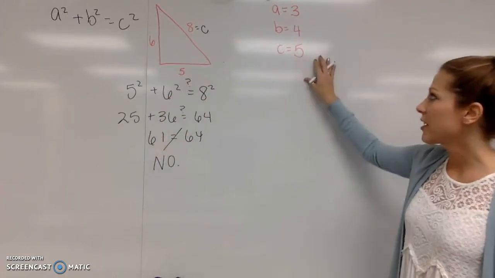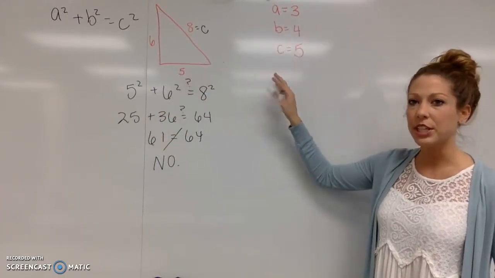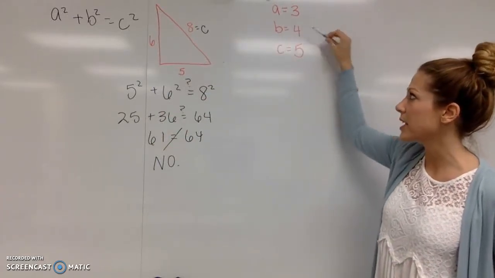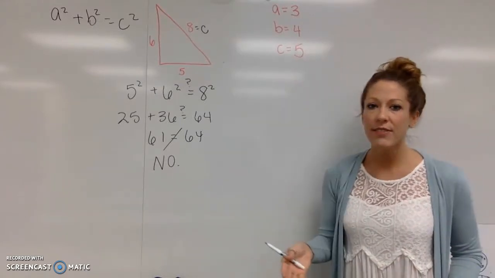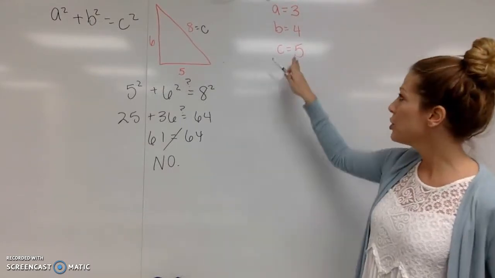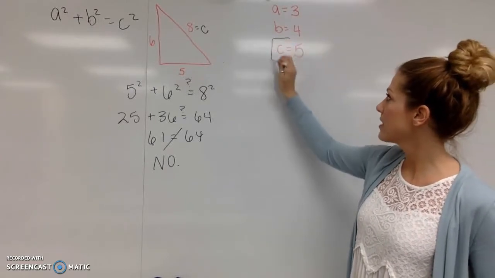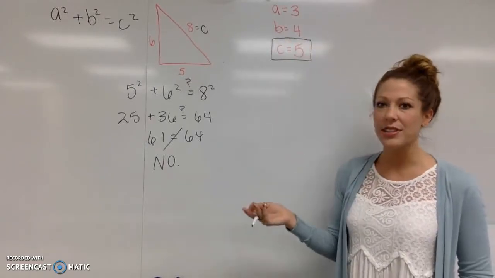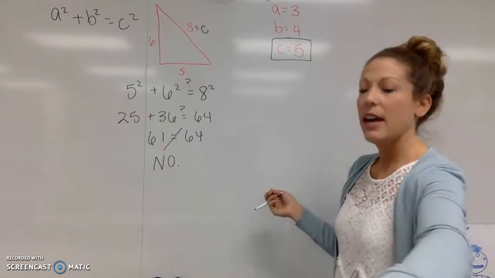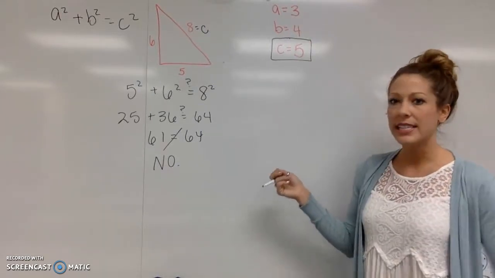All right, let's do another example. This time I didn't give you a triangle to look at. I just told you that a equals 3, b equals 4, and c equals 5. So that's giving you the 3 side lengths. This is going to be our c squared, because it tells you it's c, and also it's the longest side. You'll always label your longest side as c.